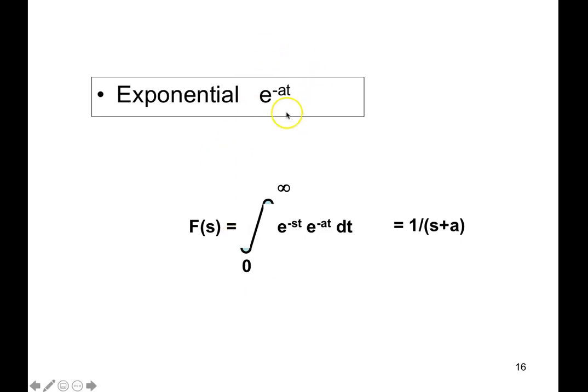This exponential function is e to the minus at, a negative power, and the Laplace transform of that signal is 1 over s plus a. If that was e to the positive at, then this would become 1 over s minus a. Basically, that would be a growing signal. So it's fairly obvious there.